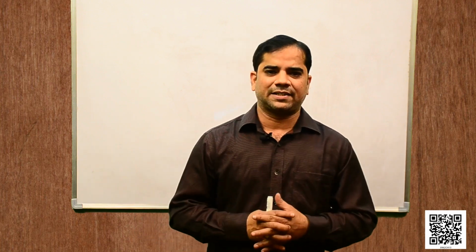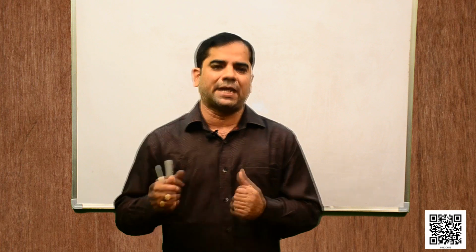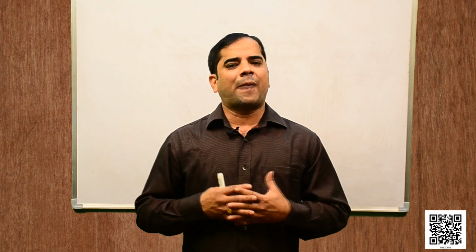Students, let us now discuss exercise 13.2. For this exercise, we need to assume pi as 22/7 unless stated otherwise. That means if the value of pi is given as 3.14 in some cases, we need to take the value of pi as 3.14, otherwise the value of pi is to be taken as 22/7.